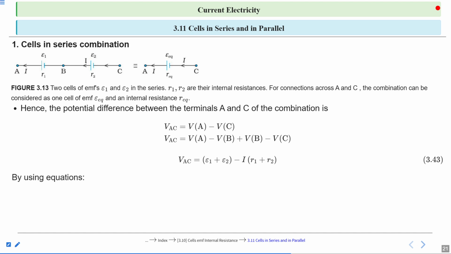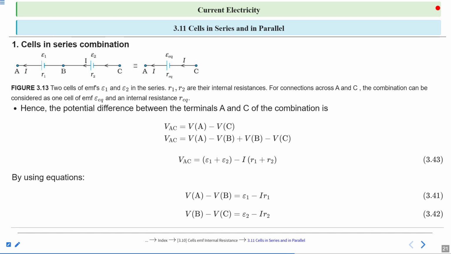How did this come? By using the equations from our previous slide, VA minus VB equal to epsilon 1 minus IR1, which was equation 3.41, and VB minus VC equal to epsilon 2 minus IR2, which was equation 3.42, and putting them in VAC equal to VA minus VB plus VB minus VC, we get equation 3.43: VAC equal to epsilon 1 plus epsilon 2 minus I times R1 plus R2.